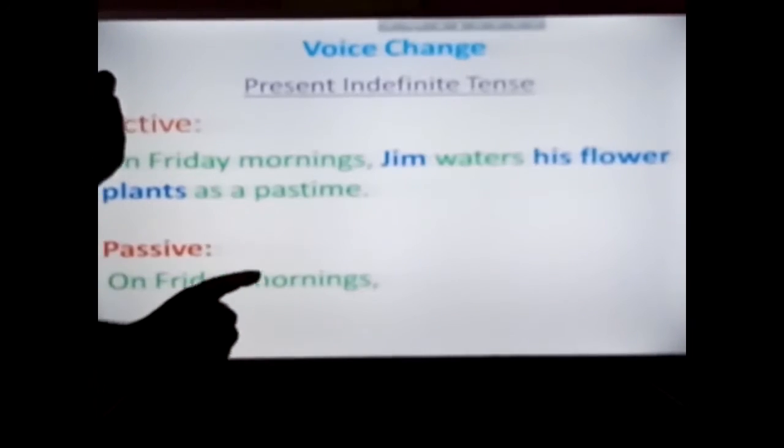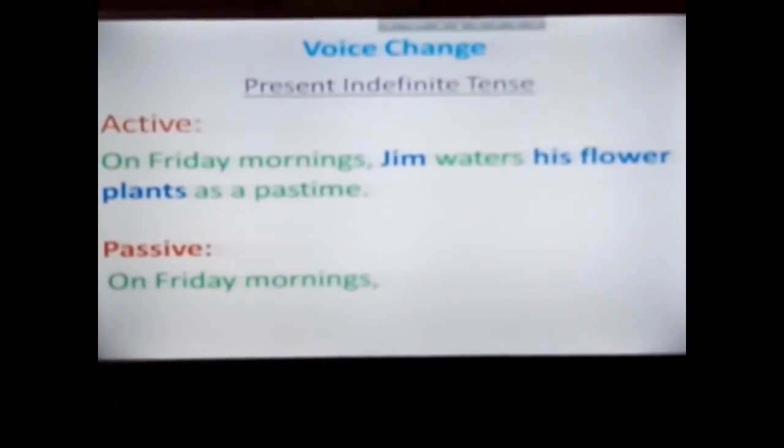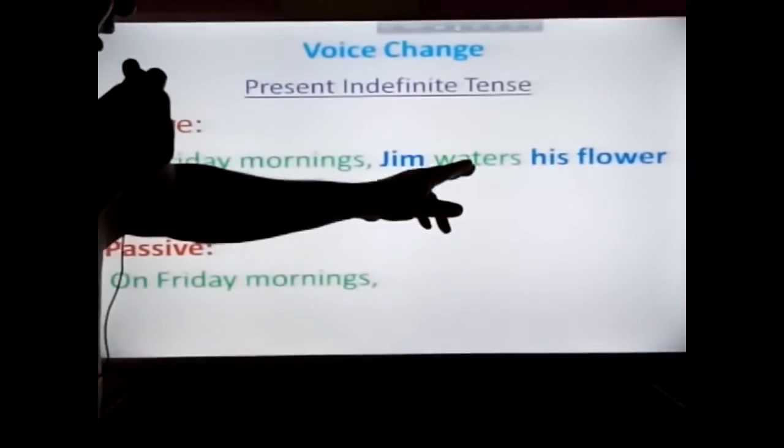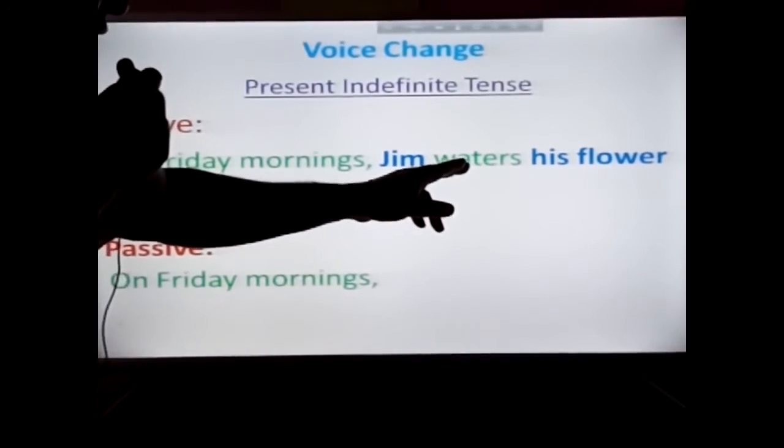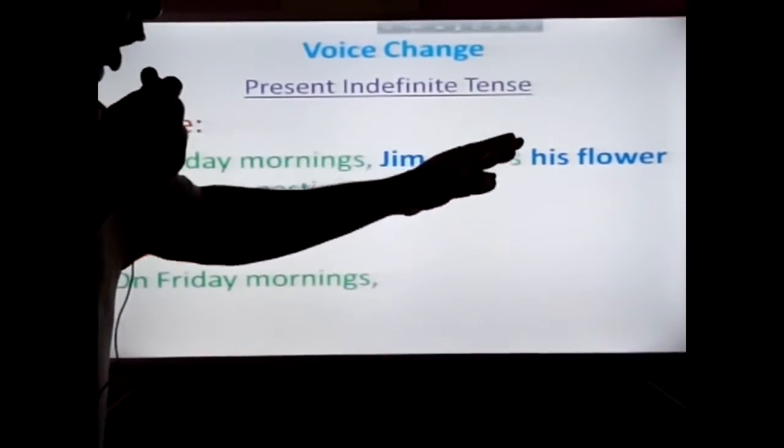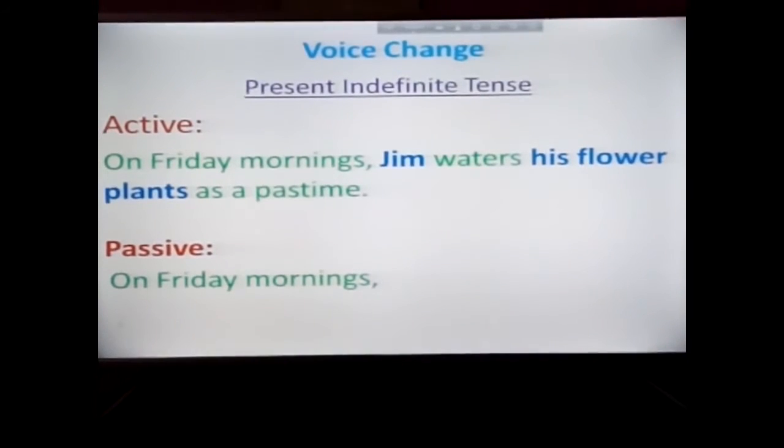Now you see, every time you ask the main verb of the active sentence a question with whom or what, you get the object as the answer, and you use that object as the subject of your passive sentence.